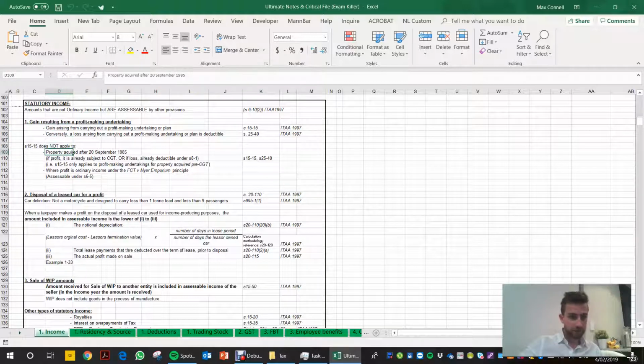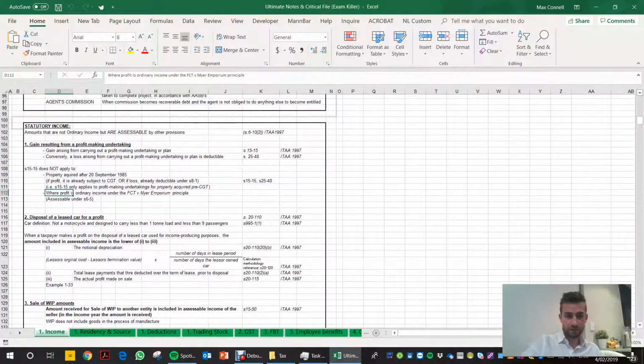Now, of course, there are some exemptions to this. If the property was acquired after 1985, it's probably already subject to CGT. Also, where profit is ordinary income under FCT v Myer Emporium, which we already talked about above.